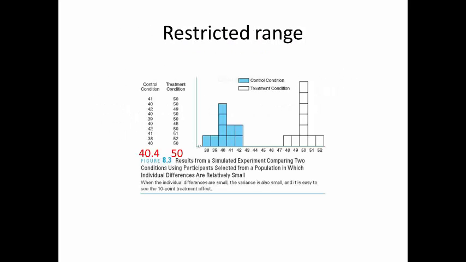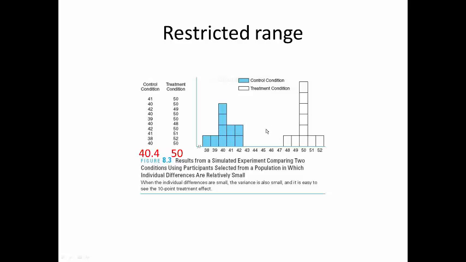For example, if you look at this picture, you see two groups of participants. The mean or the average for control group is around 40, and the mean or the average for the treatment condition is about 50. So there is a 10-point difference. And as you see in the picture, the experimental group is clearly higher than the control group.